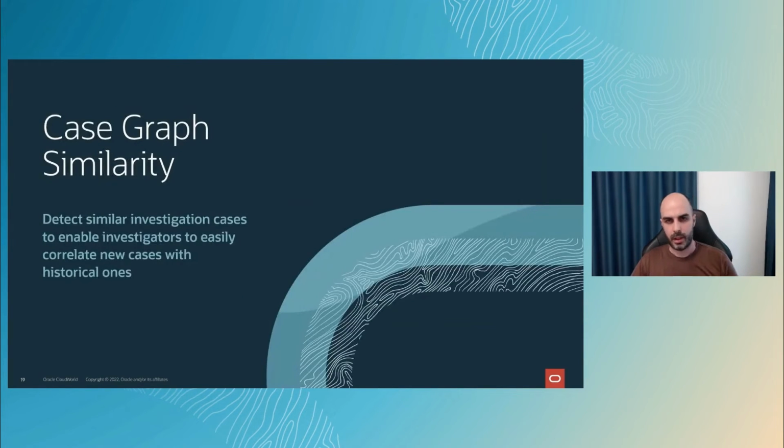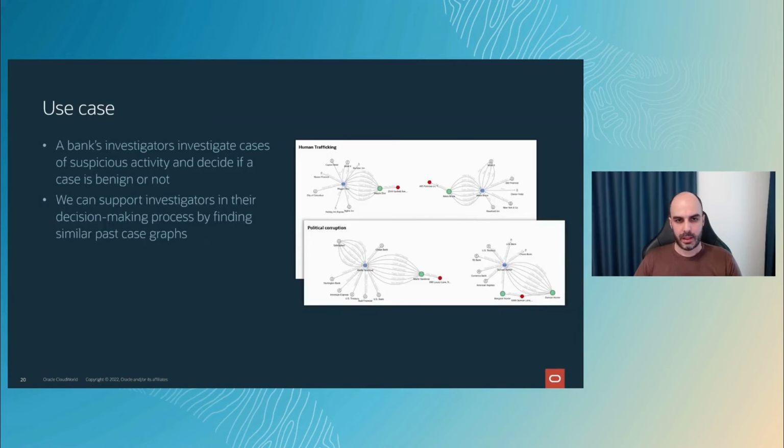All right, so that concludes the entity resolution part. So let's continue with case graph similarity. This use case aims at improving the investigation stage of the financial crime and compliance management workflow.